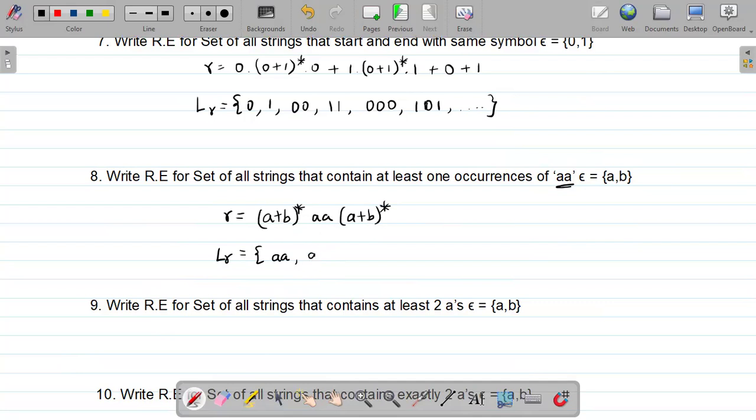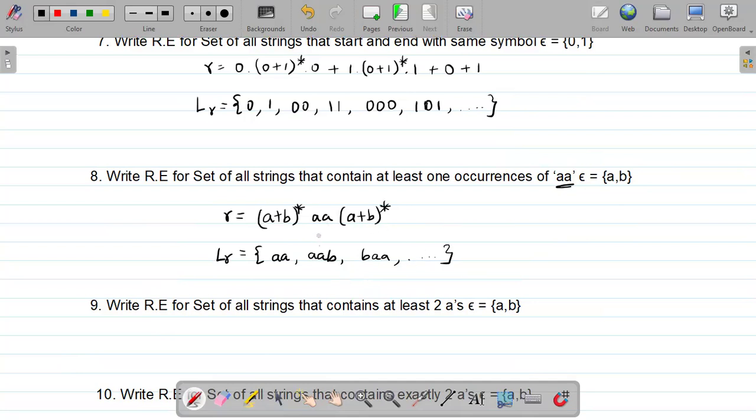Suppose we want AA followed by B. So we'll get epsilon from the first (A plus B) the whole star, then AA, and B from the second part. Suppose we want BAA. That is also possible. B from (A plus B) the whole star followed by AA and (A plus B) the whole star, which we will write as epsilon.